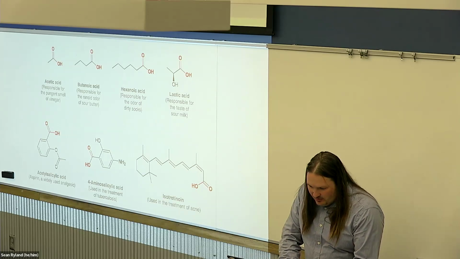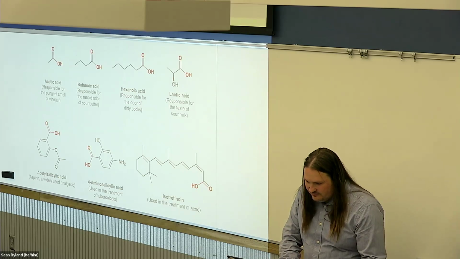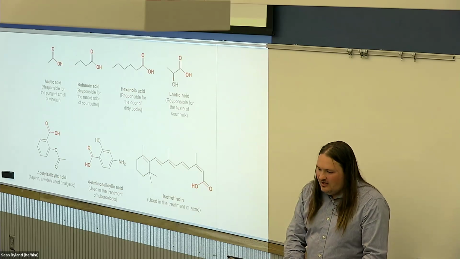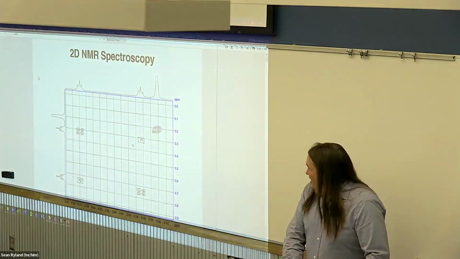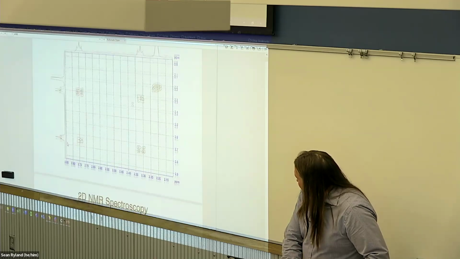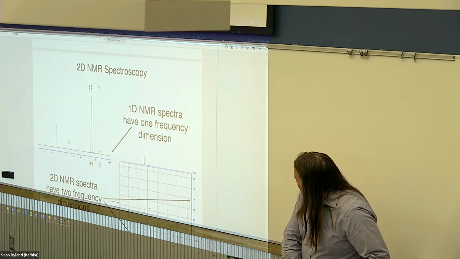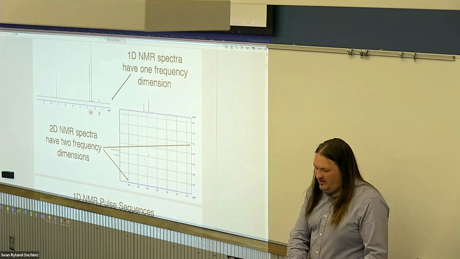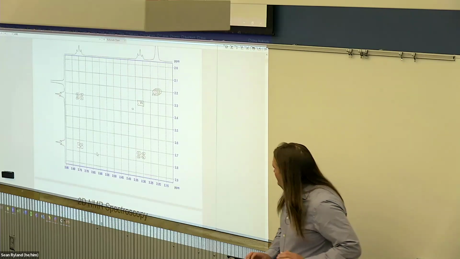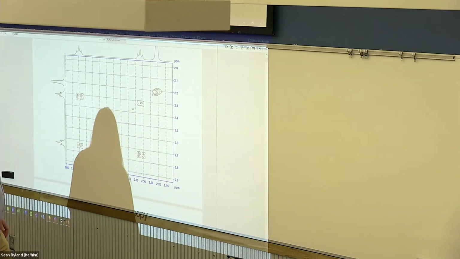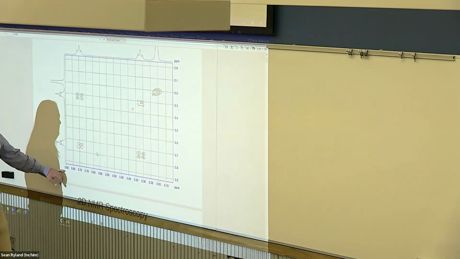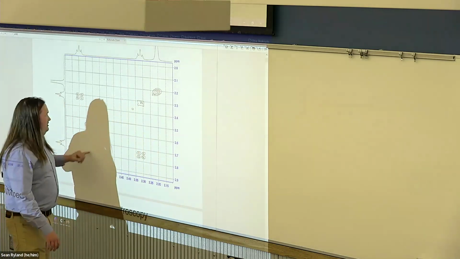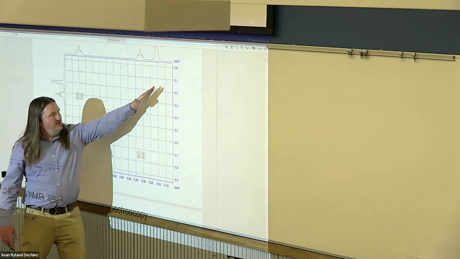I actually just had those pulled up so you can see what they look like. It gives you a better guess at what you're actually looking at on the signals. So if we look at a 1D proton NMR, it looks like that. If we have two frequency dimensions, we can see what proton signals are coupled with other ones. See how everything is symmetrical around the line right here?